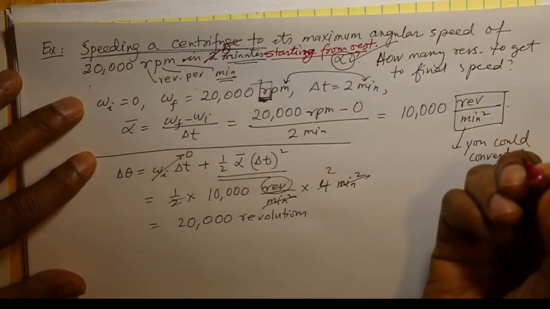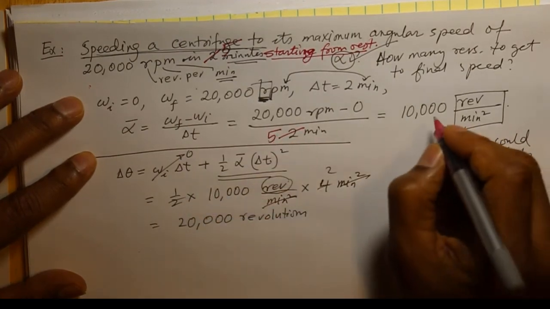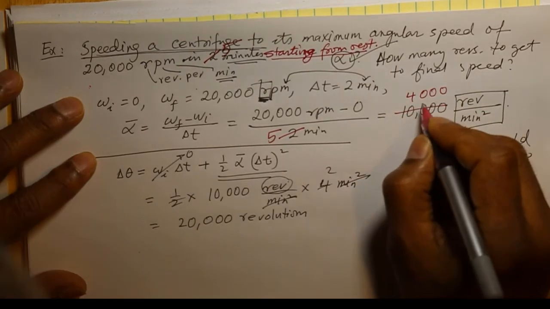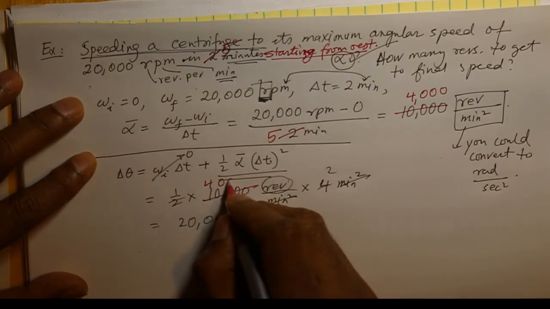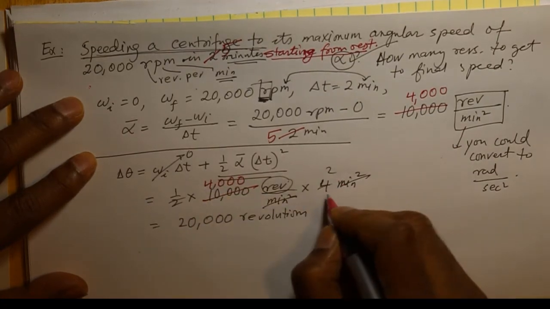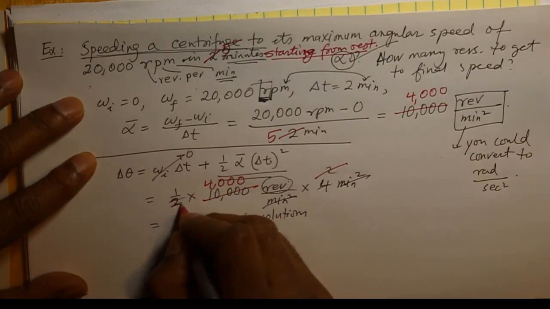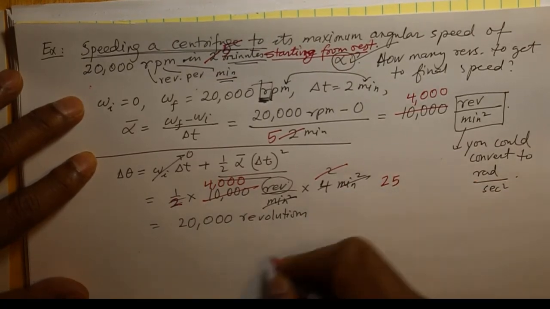This will be 4,000, and 5 minutes squared will be 25 minutes squared.